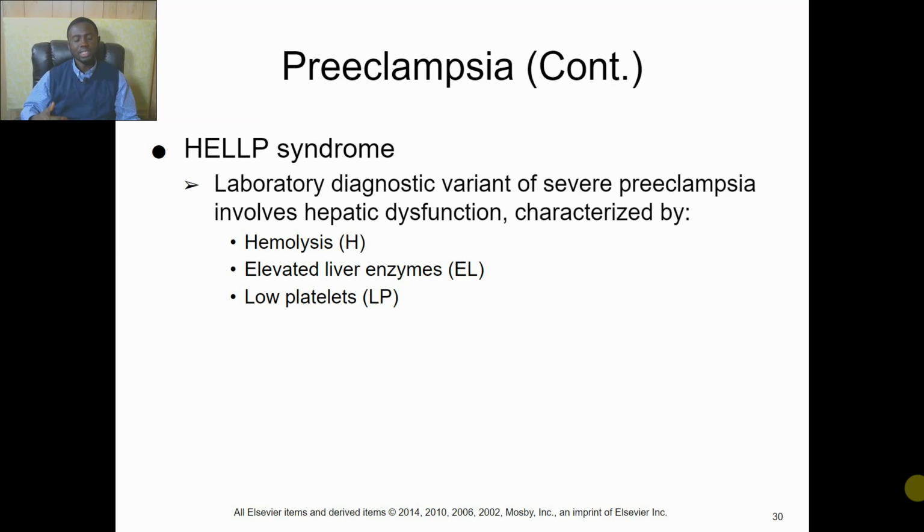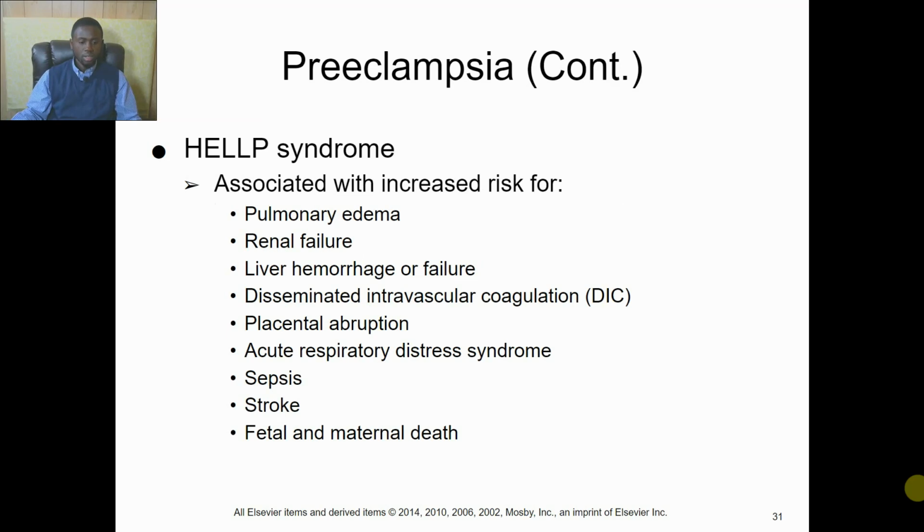So if your platelets are low, then you will be predisposed to bleeding. HELLP is associated with an increased risk for pulmonary edema and also renal failure. And liver hemorrhage can also occur, which will lead to liver failure.